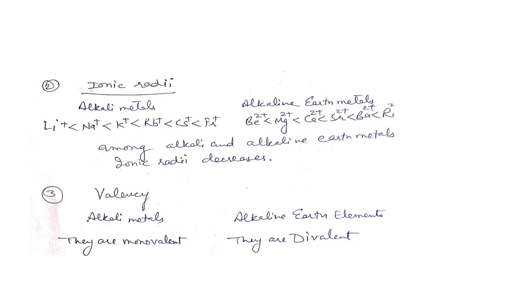In alkaline earth metals also, the ionic radii increases down the group. If we compare both, the ionic radii decreases from alkali to alkaline earth metals, meaning alkali metals have higher ionic radii than alkaline earth metals. So ionic radii and atomic radii have the same reason for the trend down the group or left to right in a period.